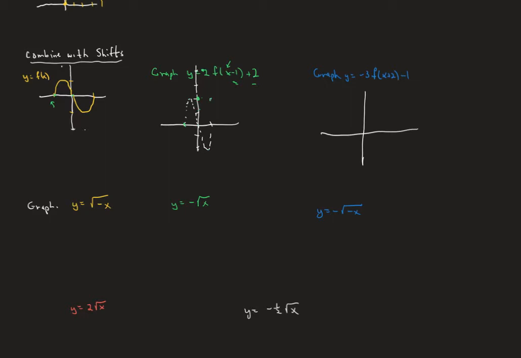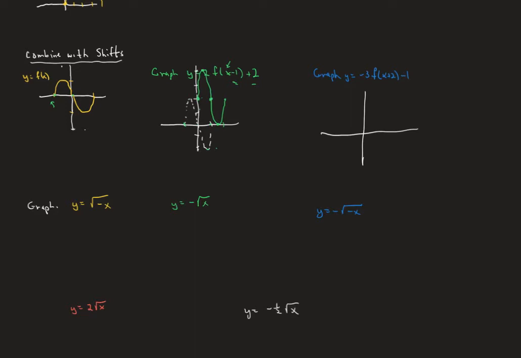Over 1 up 2 is going to put it here at 1, 2. Our point here that's at a half, -2 is going to go over 1 and up 2. So it's going to be right here, halfway between 1 and 2. And this point right here is going to go over 1 and up 2. It's going to be there at 2, 2. And so we'll connect those, and that's going to be our stretched and translated curve.